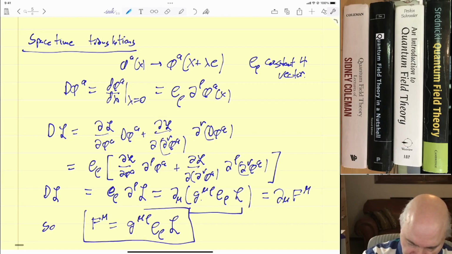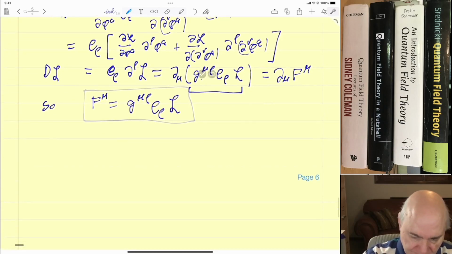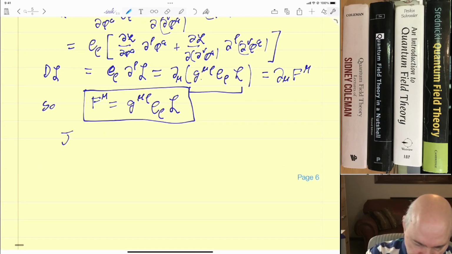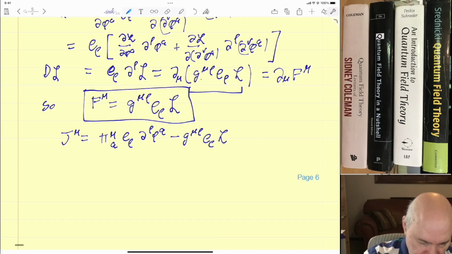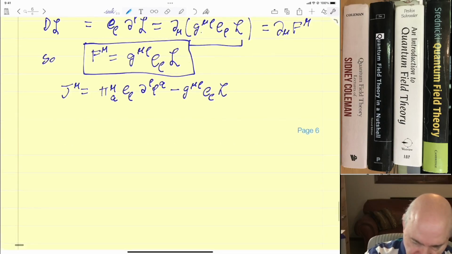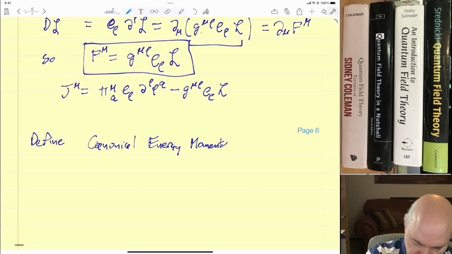So let's just keep that in mind. Okay. And our conserved current, from our usual definition, now what we do here is, as we saw before, there's only a certain number of independent parameters, so we factor out the E and we define a canonical energy momentum tensor.